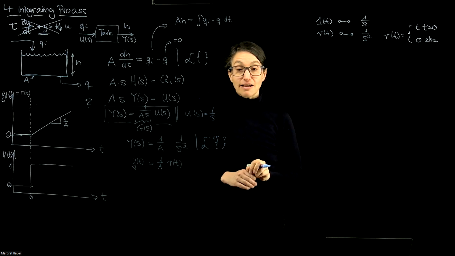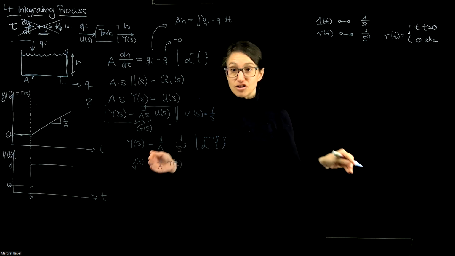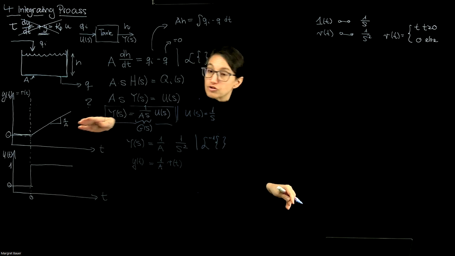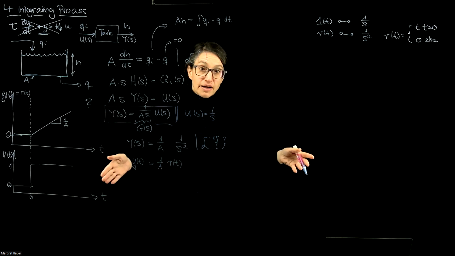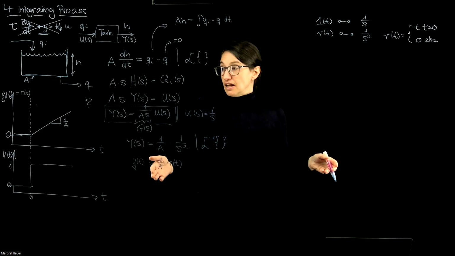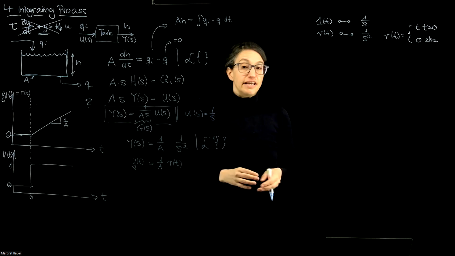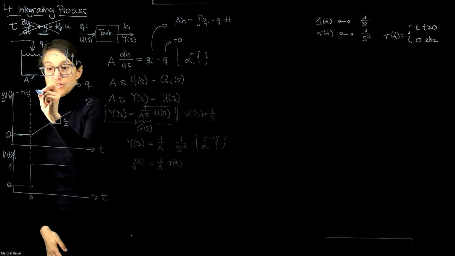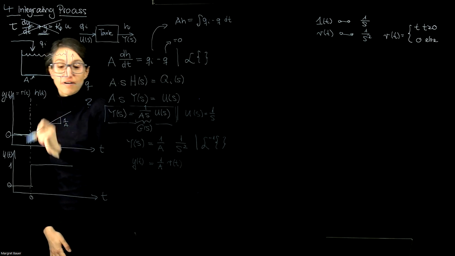So that means if my area is larger, 1 over a is going to be smaller, the slope will be slower. So the bigger my bathtub is, or the bigger my tank is, the longer it will take for this value here, y of t, which is the level, to rise.